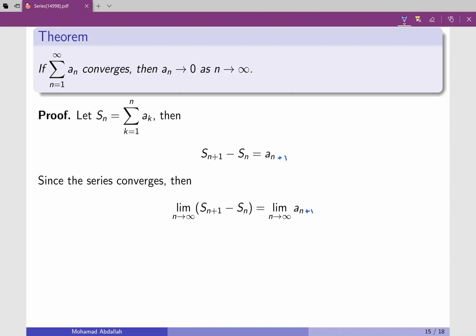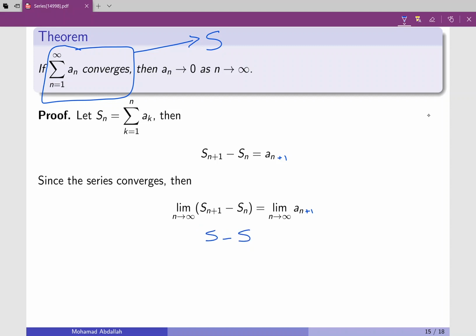Now, because we are assuming that this is convergent, that means this is equal to some number s. The limit when n goes to infinity of this is, it's wrong to write it, but you can think of it as s infinity minus s infinity. Infinity plus 1 is still infinity. So the answer is going to be s minus s.